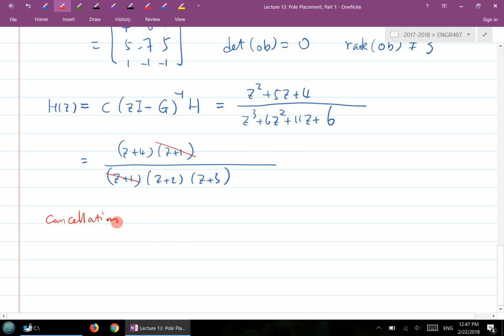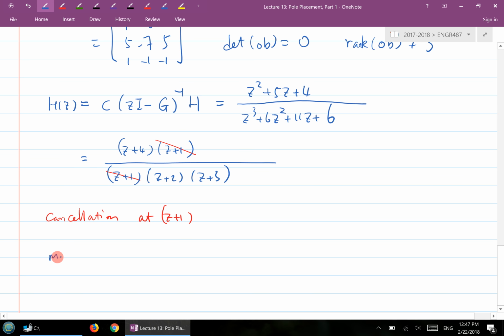There's a cancellation at z plus 1 over there. This is also a concept which is basically called minimal realization.